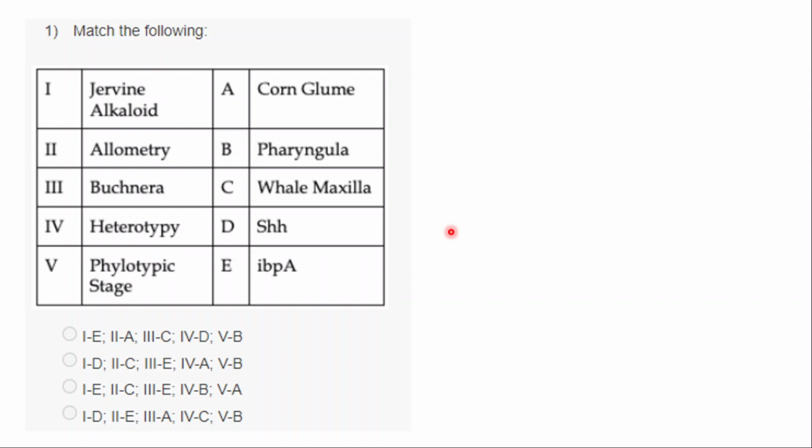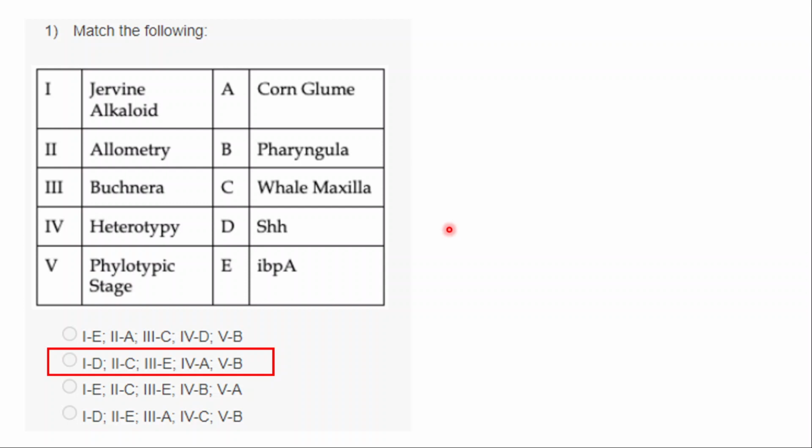Okay, it's time now to reveal the correct answer. So the correct answer to this question is option 2, and Ajay is absolutely correct. Option 2 is the correct answer.